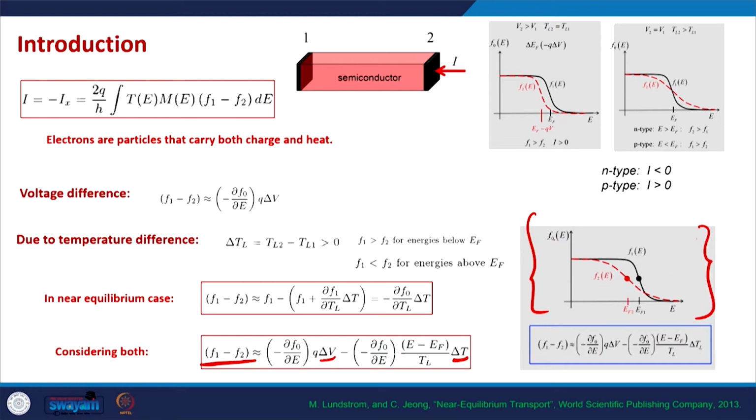So, that is why the Fermi function becomes a function of both the applied voltage and the applied temperature difference across the conductor.